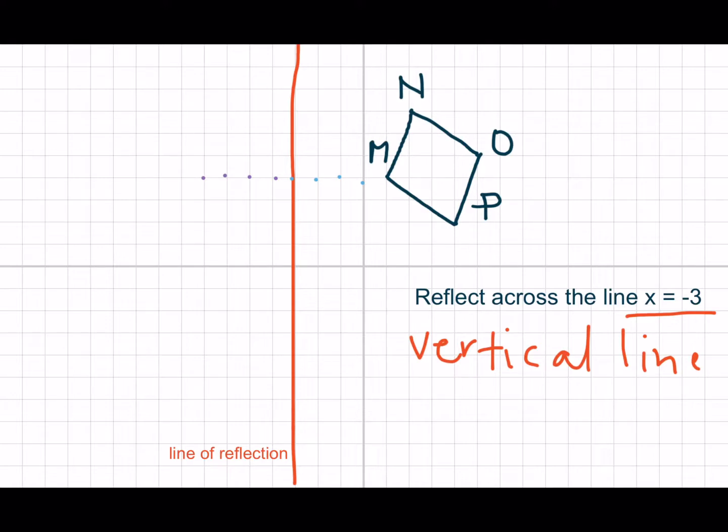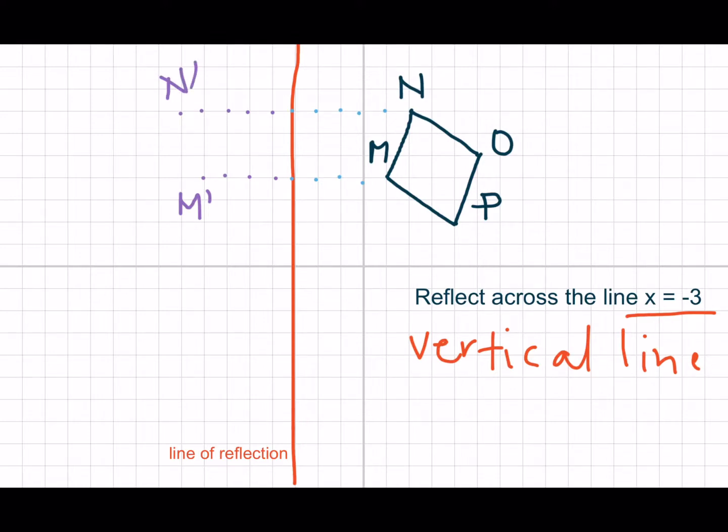And that is where our M prime is going to be. Do the same thing for N. N is 1, 2, 3, 4, 5 units from the line of reflection. Match it on the other side. 1, 2, 3, 4, 5. There is your N prime.